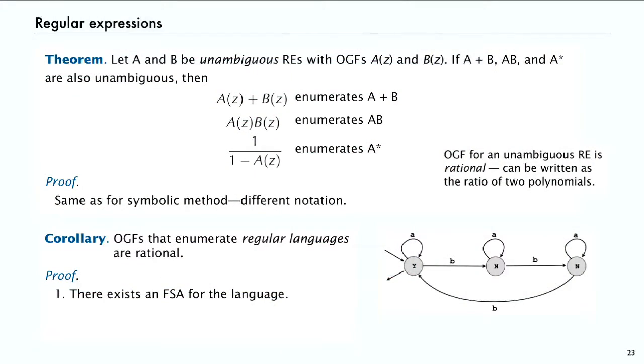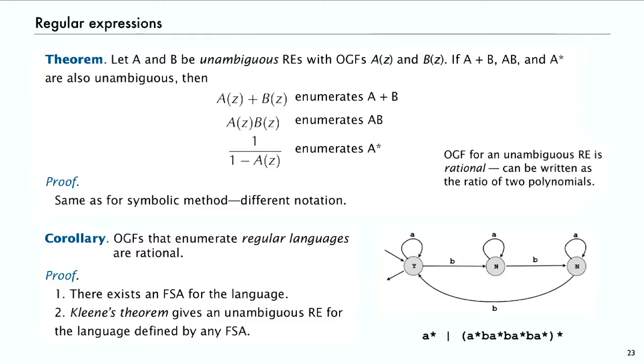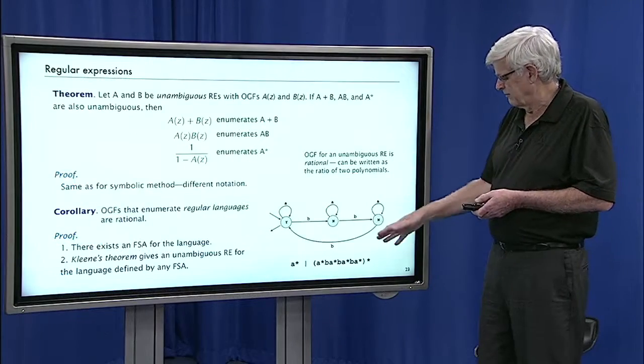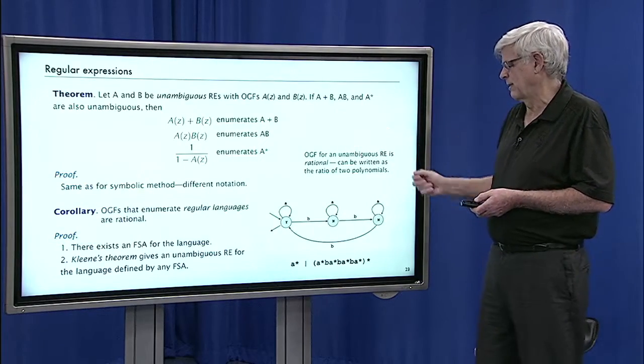One way to define a regular language is that there exists a finite state automaton for the language. And if you look at the details of Kleene's theorem, it takes a finite state machine and gives a regular expression that is unambiguous. And if there's an unambiguous RE, then it's rational.